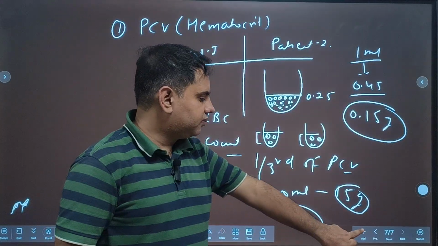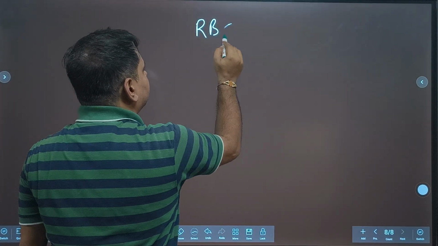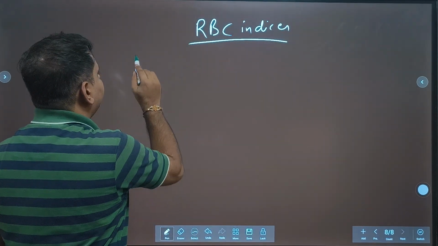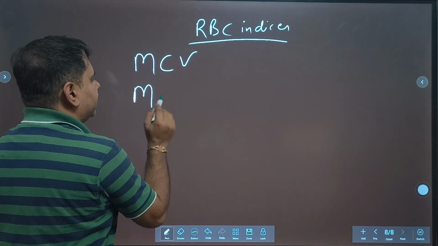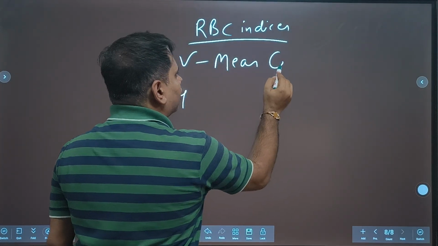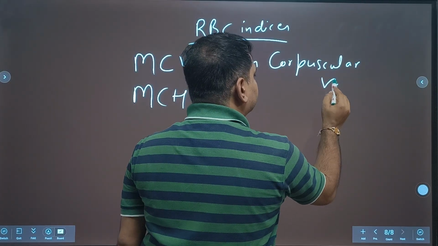So this is hemoglobin. Now there are some RBC indices which you derive from these values, like MCV, MCH. This is the mean corpuscular volume.